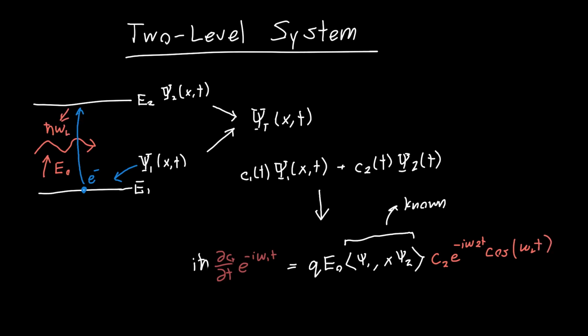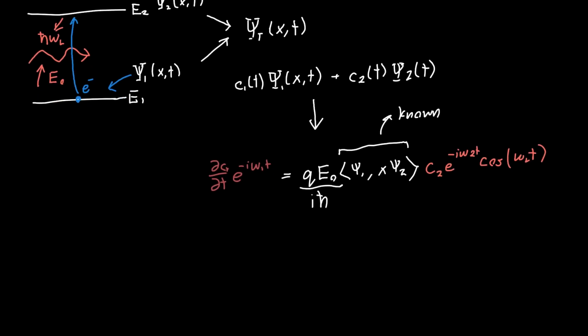So let's first clean this up a little bit. I'm going to divide both sides by i h bar. And since all of these things are not a function of time, they're sort of just sitting here. We have to rewrite them over and over again. And so I'm going to call this coefficient A. And I'm just going to say A divided by i so that we don't lump the imaginary number into the coefficient.